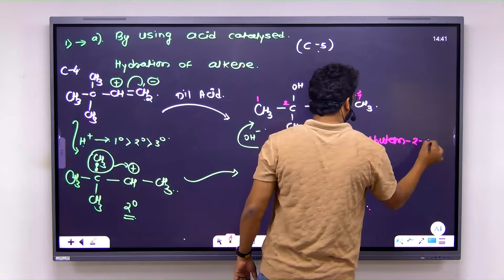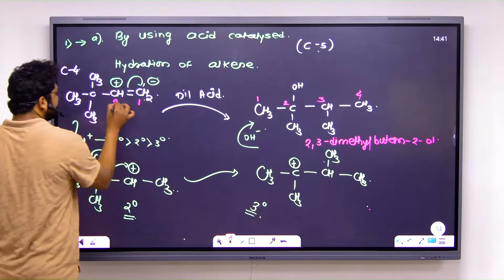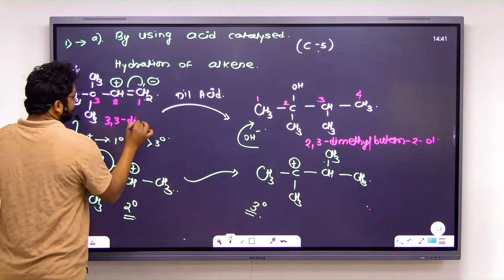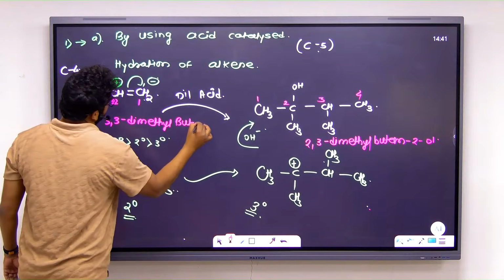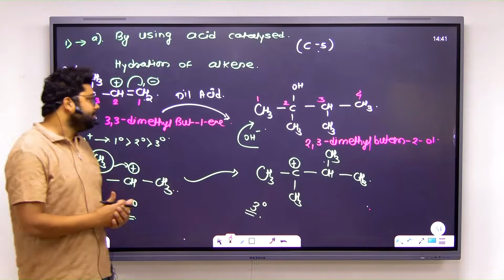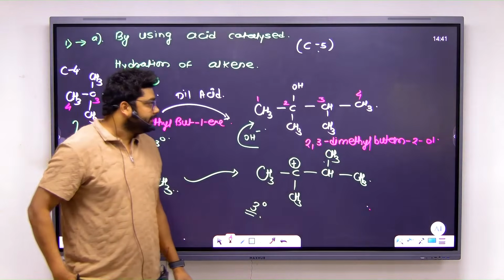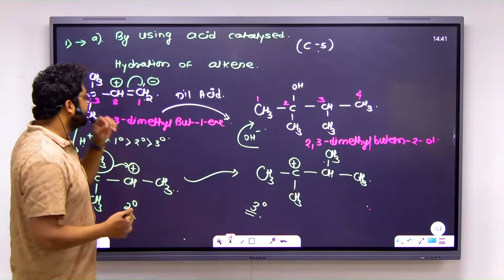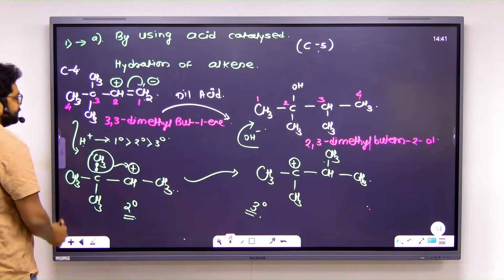Butane diol, right? And here, what is its name? 3 comma 3 dimethyl but 1 ene. So 3,3-dimethyl but 1 ene is converting into what? 2,3-dimethyl butane diol. Okay, and you got the product by using an acid catalyzed hydration of what?